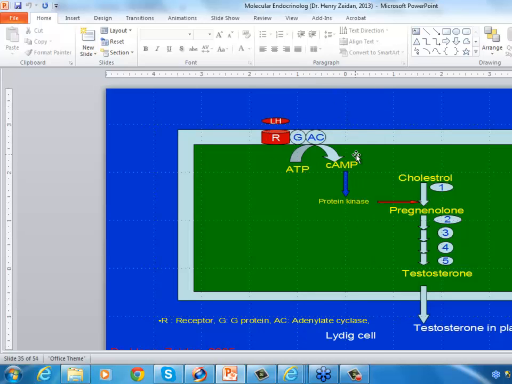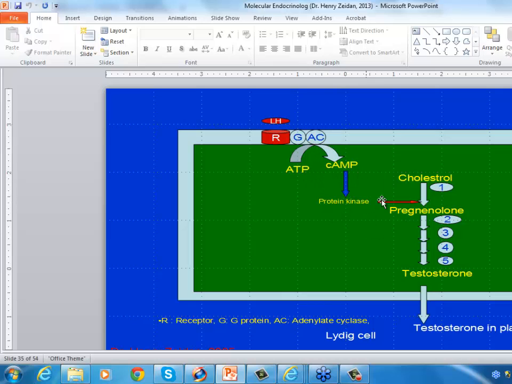As an example, we already mentioned LH, which is produced from the anterior pituitary gland. It can bind at specific receptor sites at the gonads, activate G proteins, and activate adenylyl cyclase to release cyclic AMP.